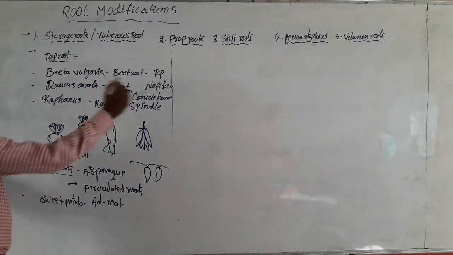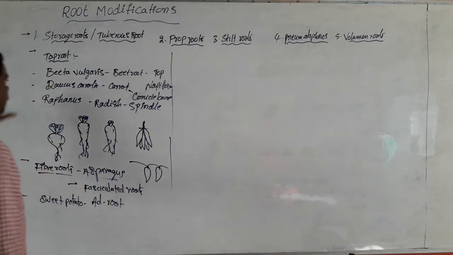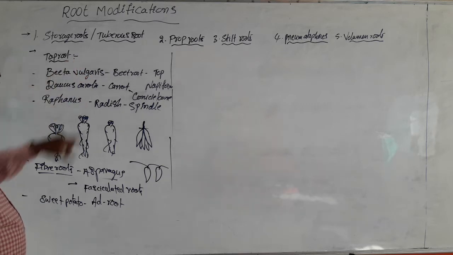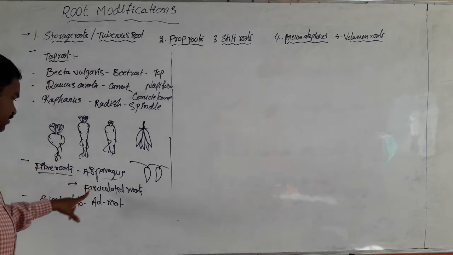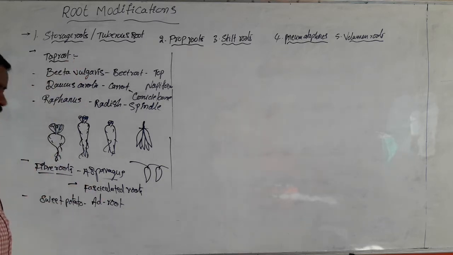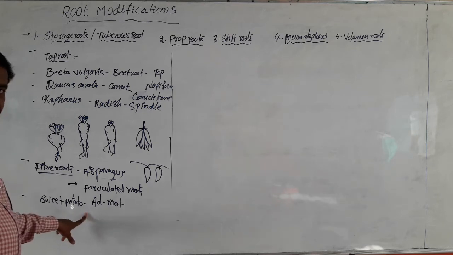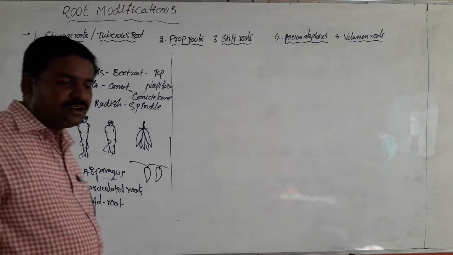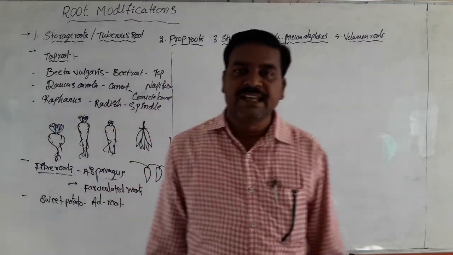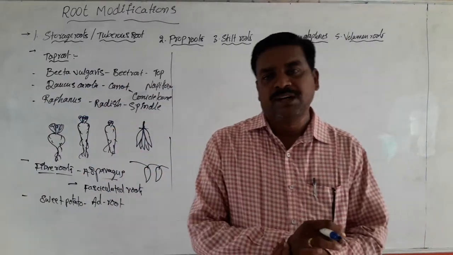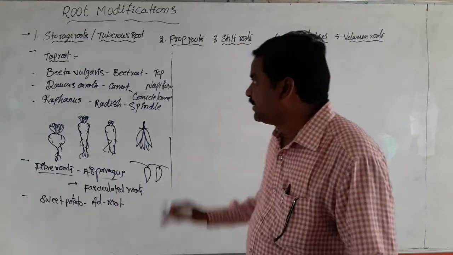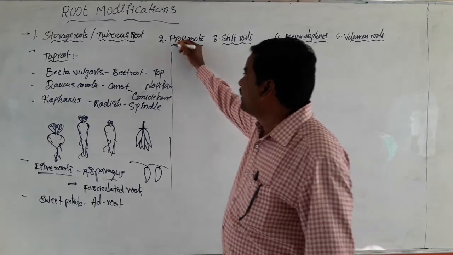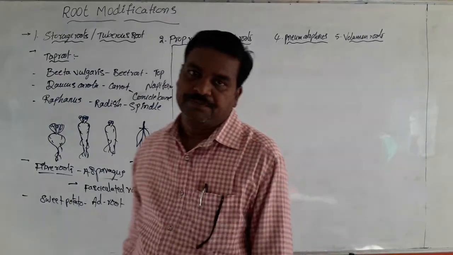So these are the tuberous roots. These plants store food material in taproots, this plant stores food material in fibrous roots, and sweet potato stores food material in adventitious roots. Anyhow, the roots which store food material and become tuberous and bulged are called storage roots or tuberous roots. Now coming to the second one, this is prop roots.